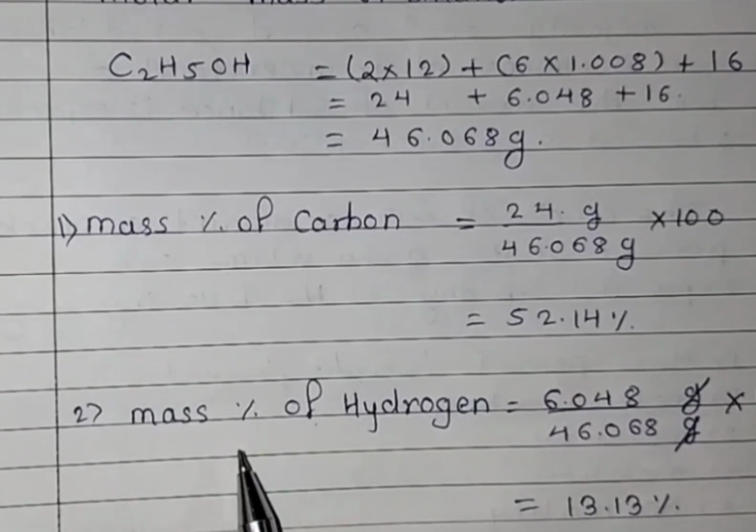Then calculate the mass percentage of hydrogen. The mass of hydrogen is 1.008, but in ethanol there are 6 hydrogen atoms. So 6 into 1.008 is equal to 6.048 gram of hydrogen, multiplied by 100 and divided by the molar mass of ethanol, which is 46.068 gram.